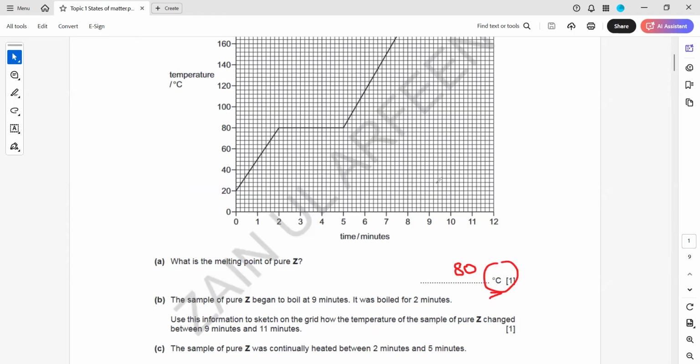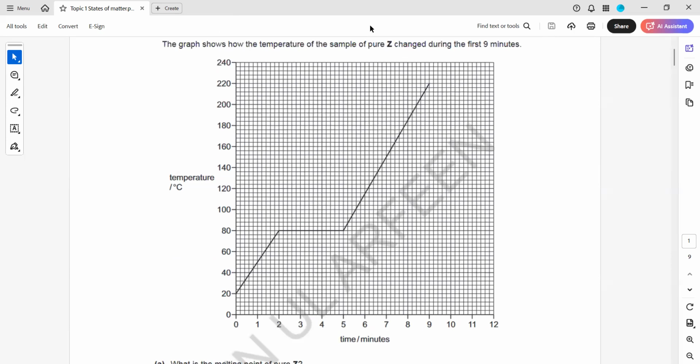The unit is already written, so you're not supposed to write any unit. It's already shown here. Now, the sample of the pure Z began to boil at 9 minutes and it boiled for 2 minutes. Use the information to sketch on the grid how the temperature of the sample of pure Z changes between 9 minutes and 11 minutes. They mentioned from 9 to 11 it is boiling. If I draw a sloped line like this, is it correct?